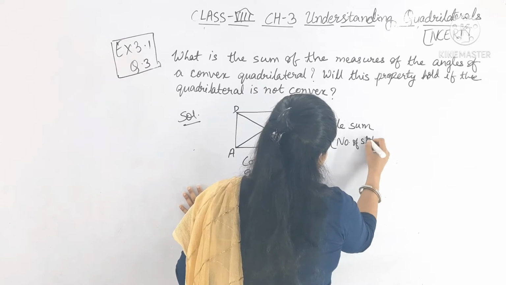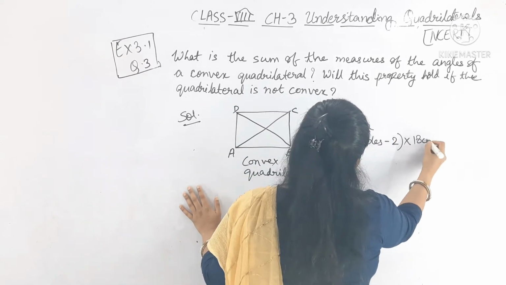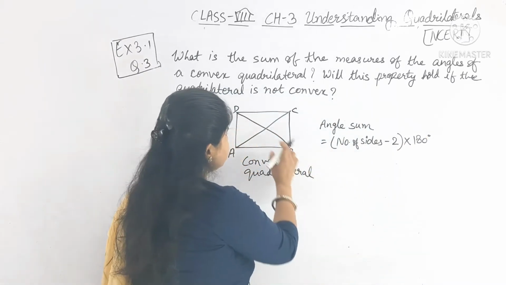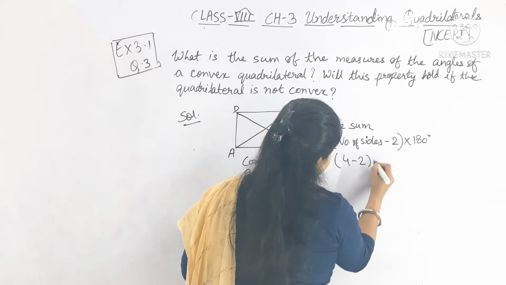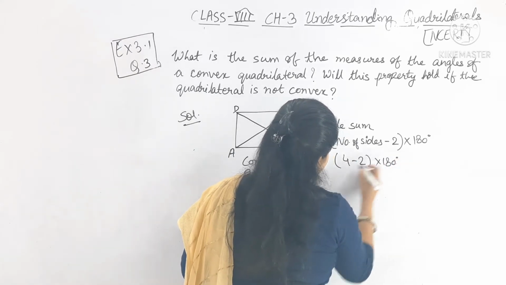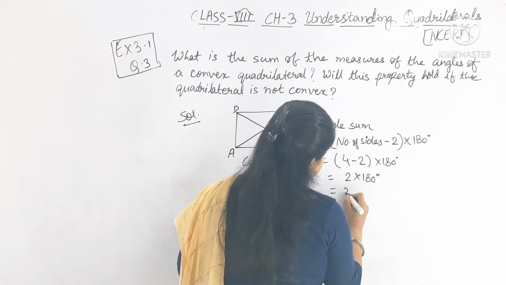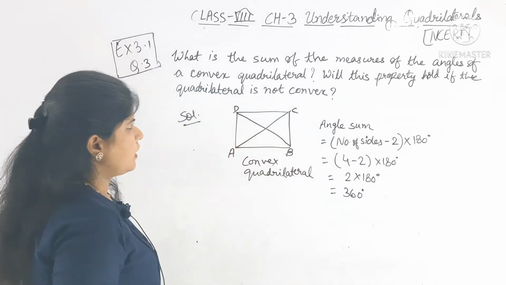I had given this formula in the introduction video. Number of sides minus 2 into 180 degree. So how many sides are there? 4. You can write 4 minus 2 into 180 degree. So 2 into 180 degree, that means 360 degree. Like this you can solve for a convex quadrilateral.